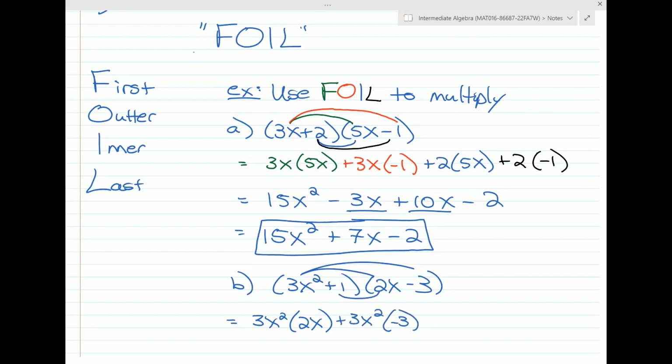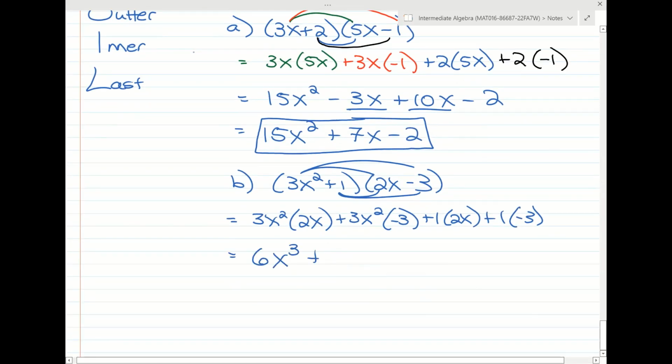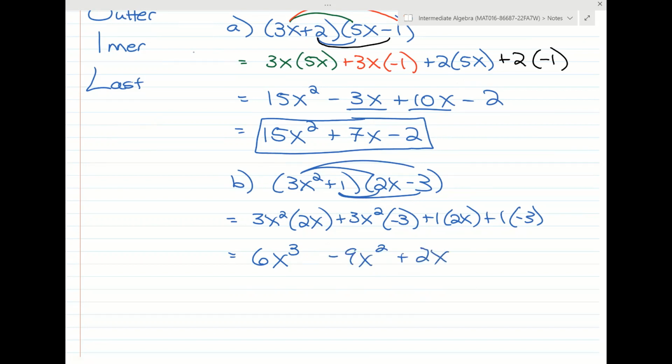And the inner terms. And then the last terms. Gives us 6x cubed minus 9x squared plus 2x minus 3. It's already in standard form, so we'll just leave it alone.